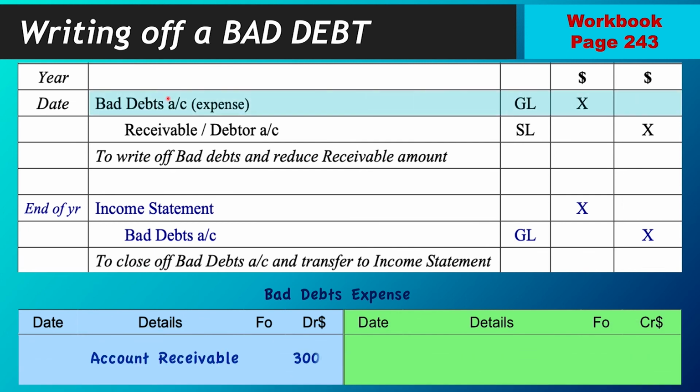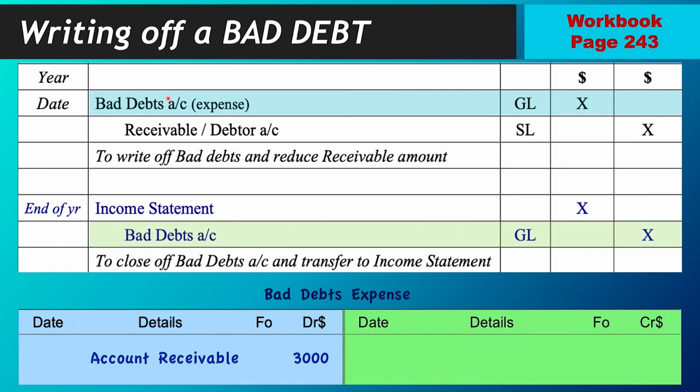Your bad debts, you have your receivable. That is what we have been doing all the time. So you have your receivable and you have the amount. In our example before, it was $3,000 written off. At the end of the period now, when we have to transfer that to the income statement, you will go on the credit side to take it out.